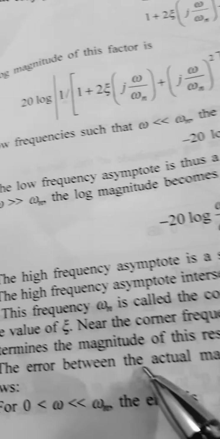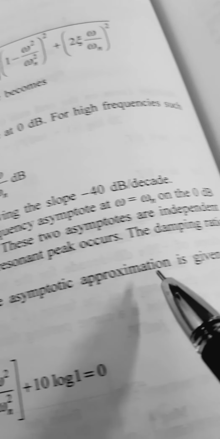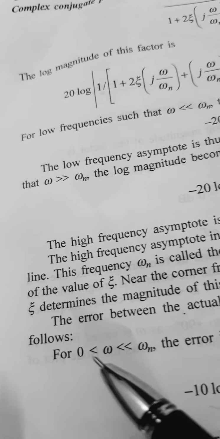Now the error between the actual magnitude and the asymptotic approximation is given as follows.